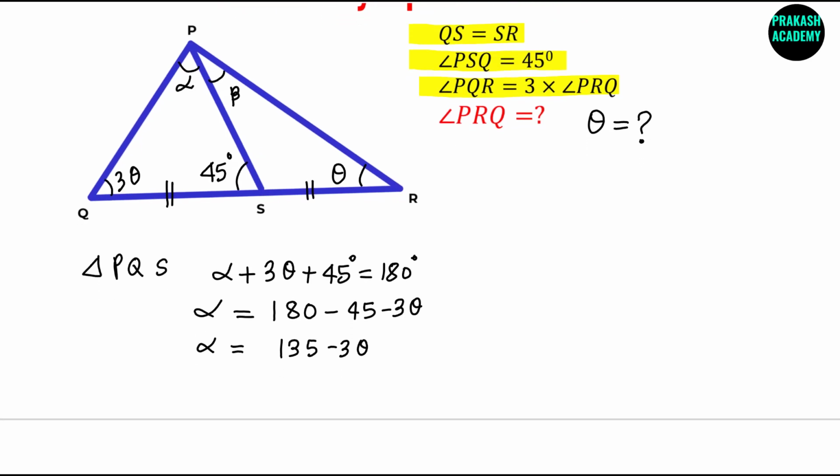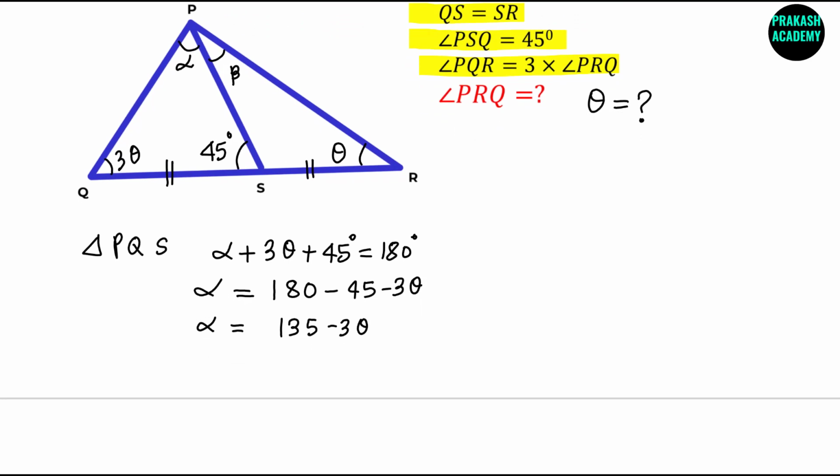Now similarly, we can find beta, that is if you consider triangle PSR. Now this angle will be 135 because the sum of the angles on a line is equal to 180. So this side is 45, so this will be 135.